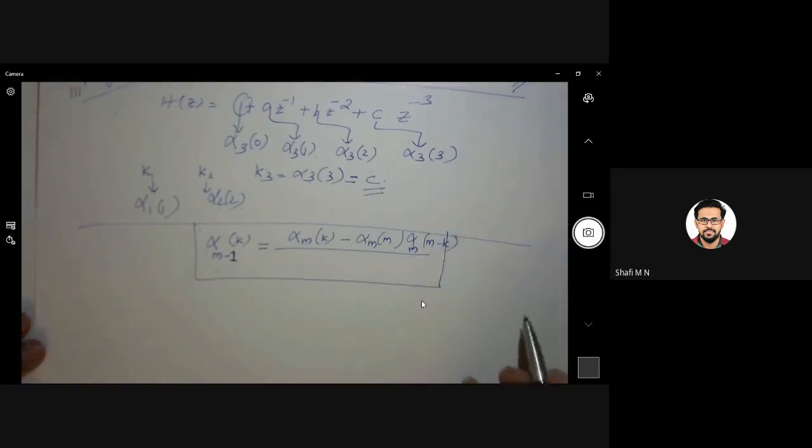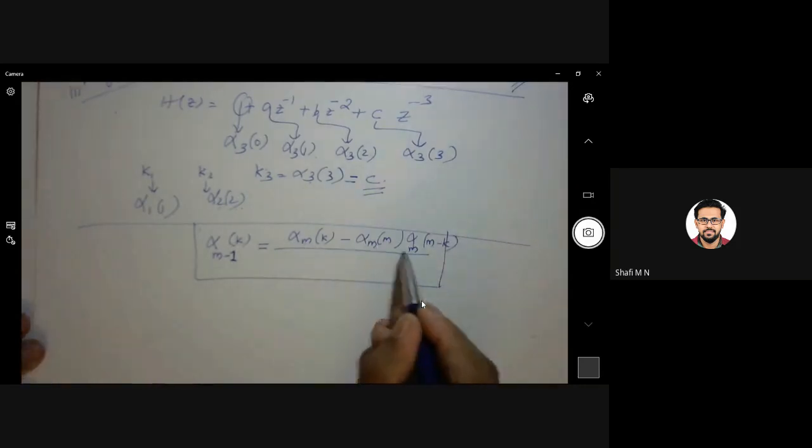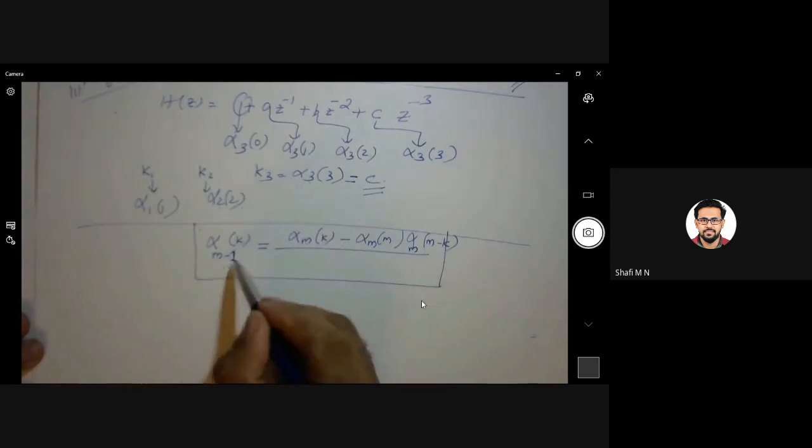That is the numerator. Now, the index will be m minus 1.